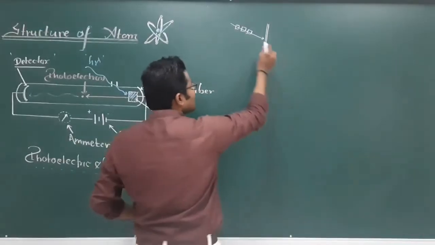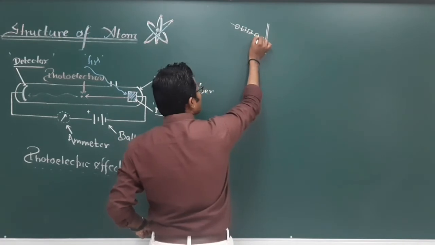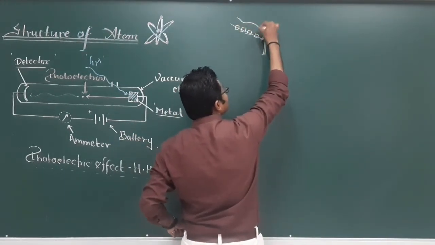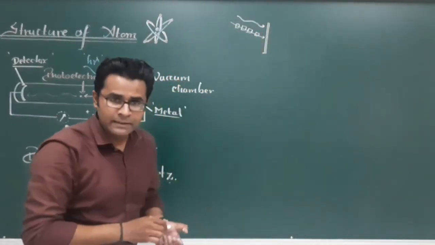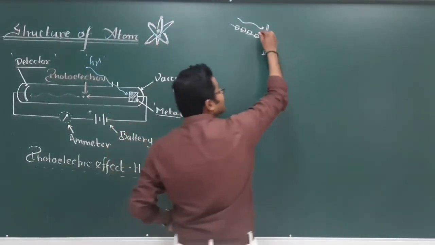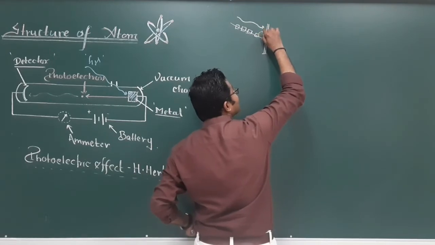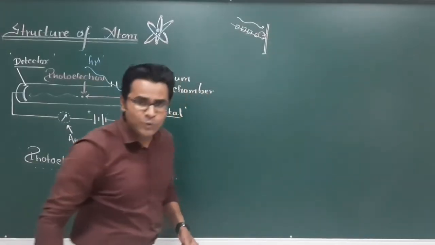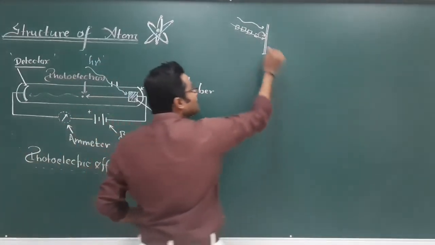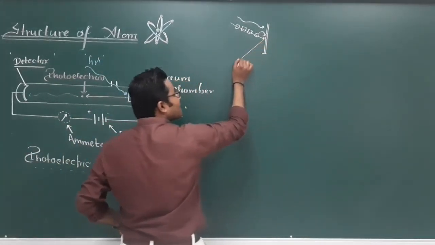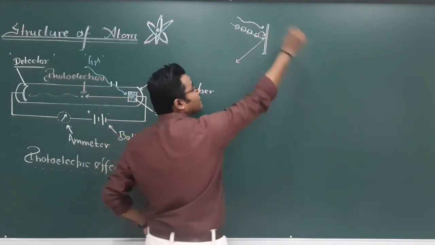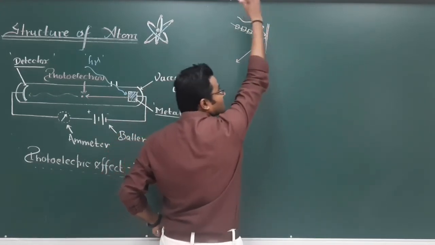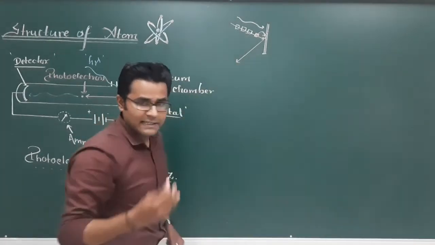Right? So, Sir Einstein says that the moment this radiation strikes the surface of a metal, it transfers its energy at an instant to the electron at the point of collision. Therefore, this electron comes out when the energy is transferred from the photon to the electron.